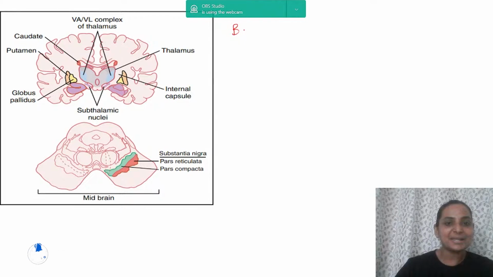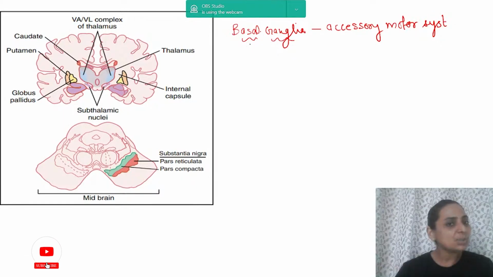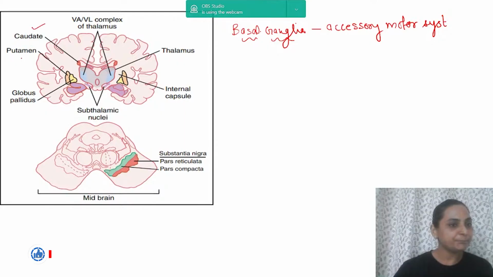Our first topic today of the morning is basal ganglia, which is also called the accessory motor system, right? Now, what are the different components of this basal ganglia? It has the caudate nucleus and putamen.